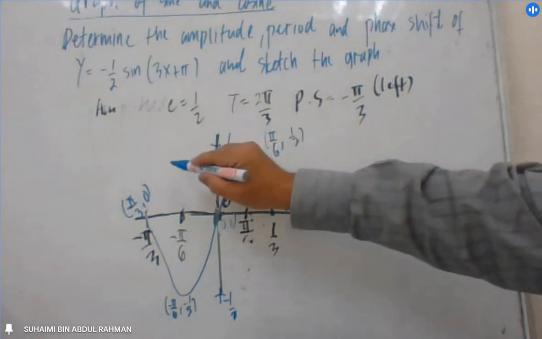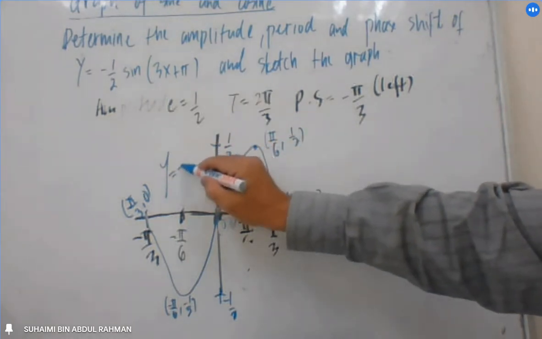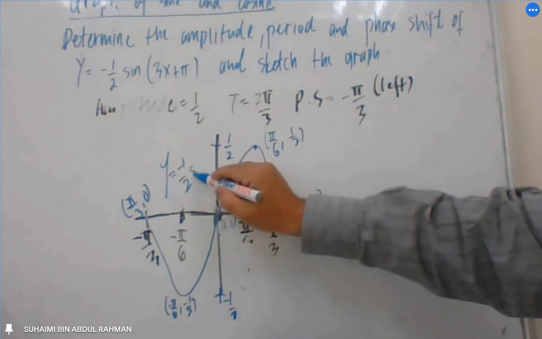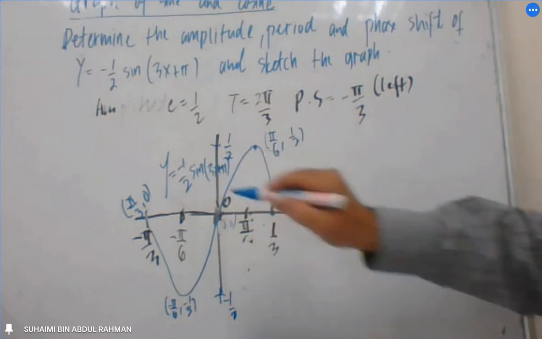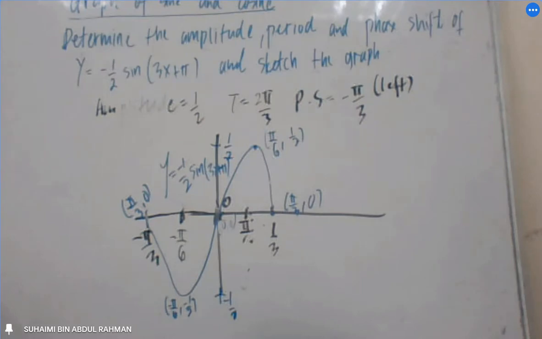And this is the graph of y equal to minus 1 over 2 sine of 3x plus pi.